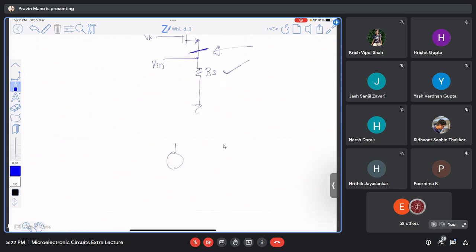This is your V in, and this is your RS which is connected to ground. So open circuit voltage is the Thevenin's equivalent voltage, right? What is the open circuit voltage now? V in. So VTH is equal to V in.